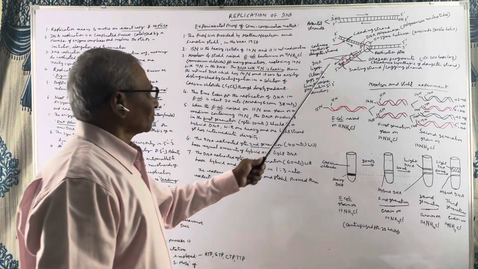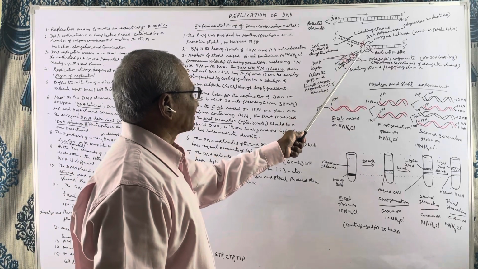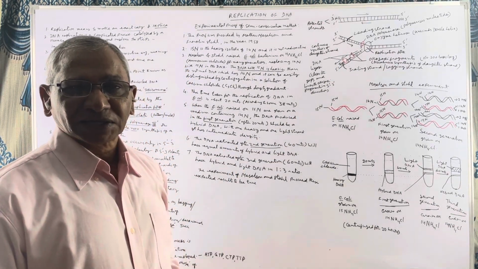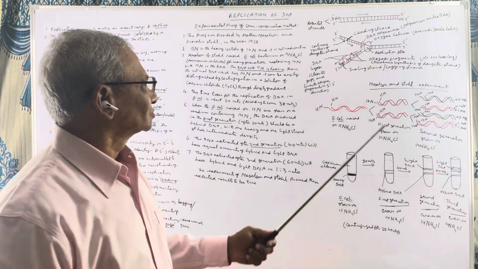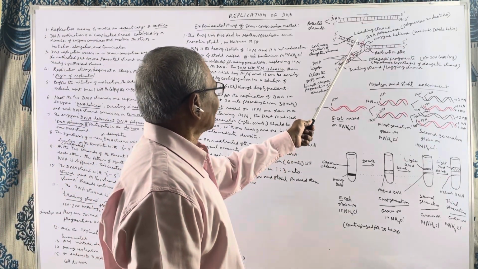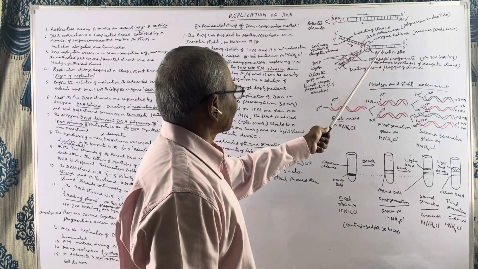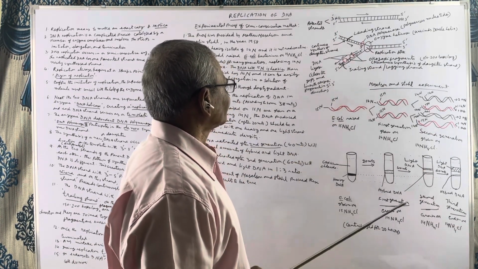I have told you, both the parental strands participate in replication. But there is a complication. See this strand. This parental strand is running in 3-5 direction.